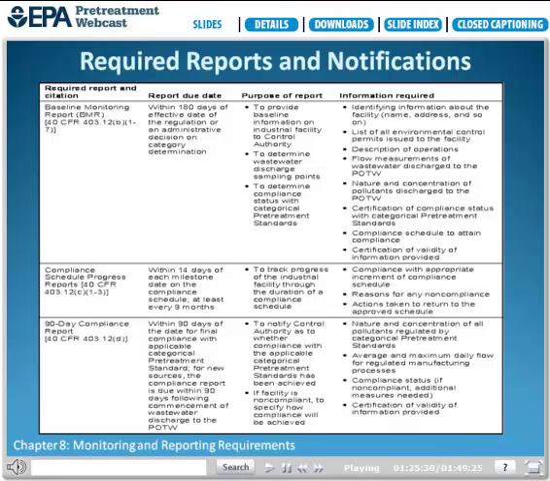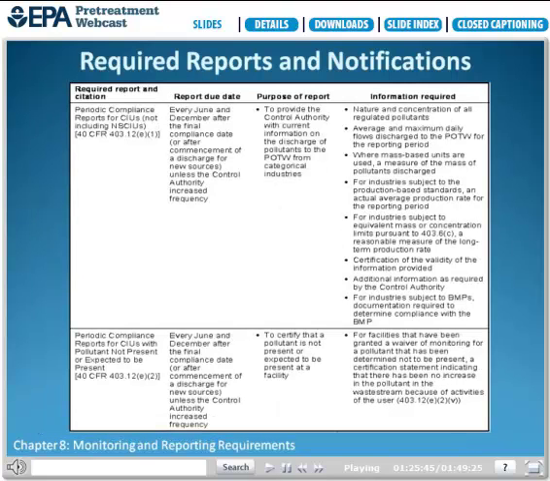The baseline monitoring report and 90-day compliance report only apply to categorical users. But all significant industrial users, with few exceptions, have requirements for periodic compliance reports.